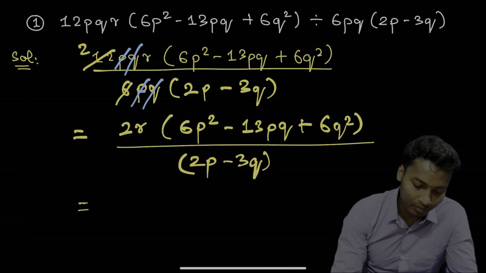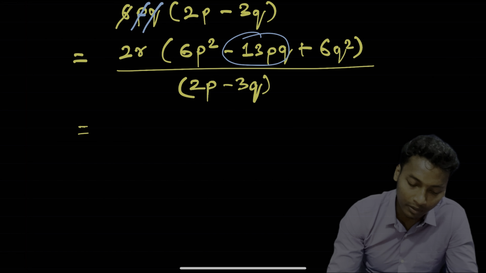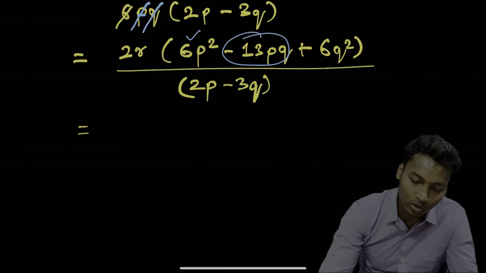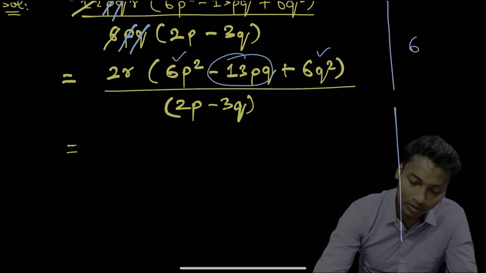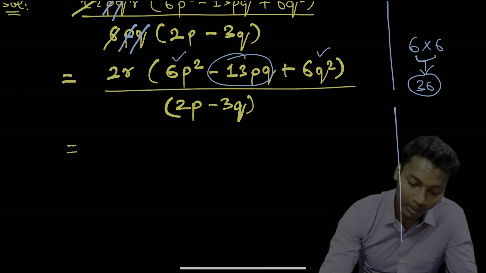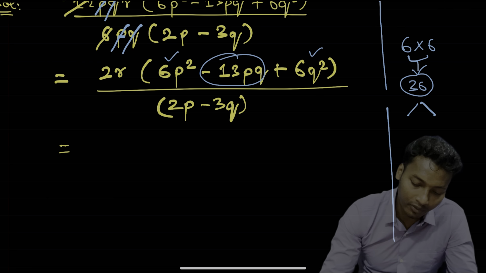So in the next step, let's try to split this middle term. Here we have 6p² and 6q². Let's multiply the 6's. 6 into 6 gives you 36. Now try to split 36 in such a way that on multiplying you get 36 and adding you get negative 13.